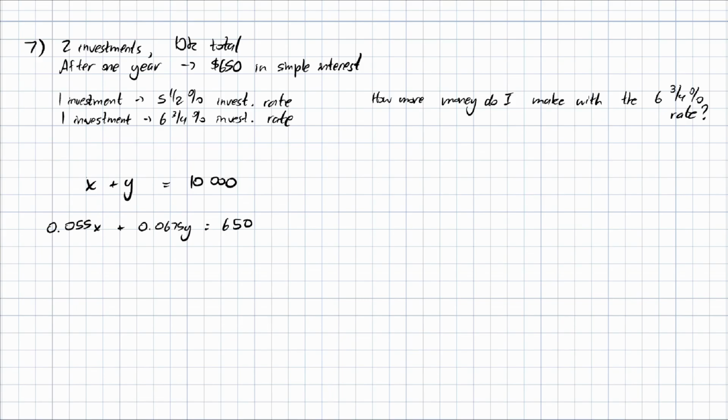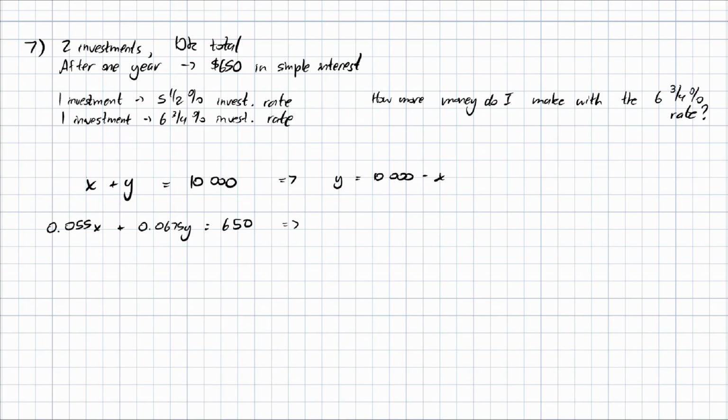All right, now we can combine these together. Easiest way for me is to make these into integers, right? I want to change this real quick into y equals 10,000 minus x and plug that in here. Before I plug it in here, I'm gonna multiply everything by, let's say, 10,000.